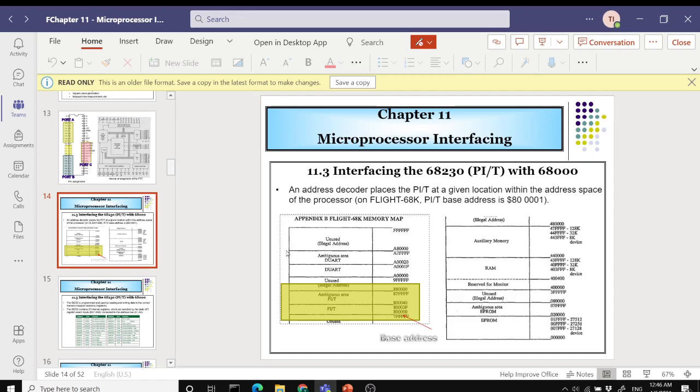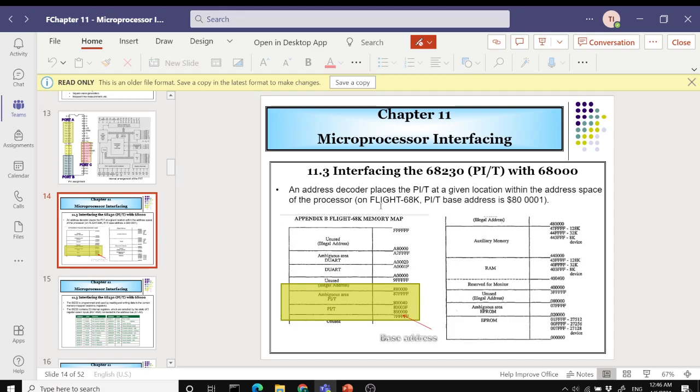It's the same thing. So when I say memory map address space, you have to remember that you are allocating some memory space, some region inside your address space, for this particular peripheral, for this PIT.